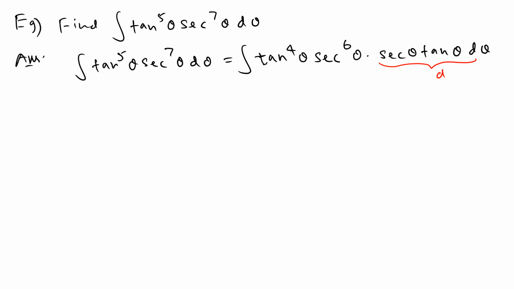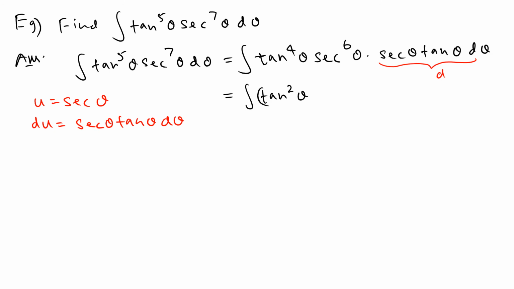So what we can do, we're going to pick u equal secant theta. Okay, so we pick u equals secant theta. So du equals secant theta tan theta d theta. Okay, perfect. So that means we need to rewrite everything else using secant. We know that tan 4 theta we can write as tan squared theta, squared.